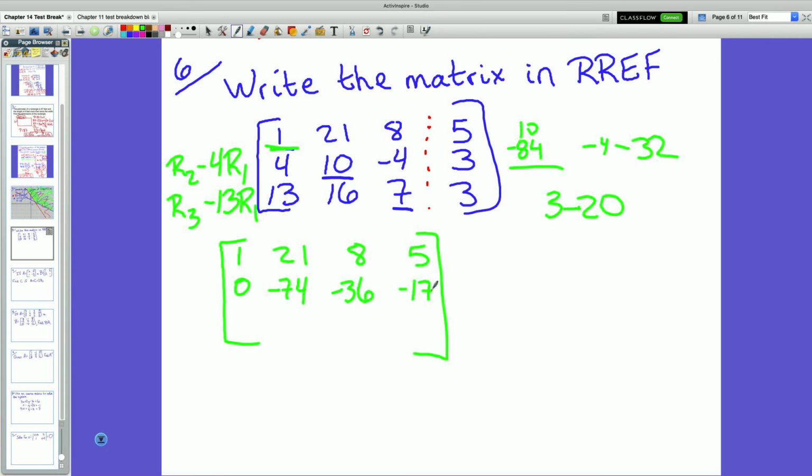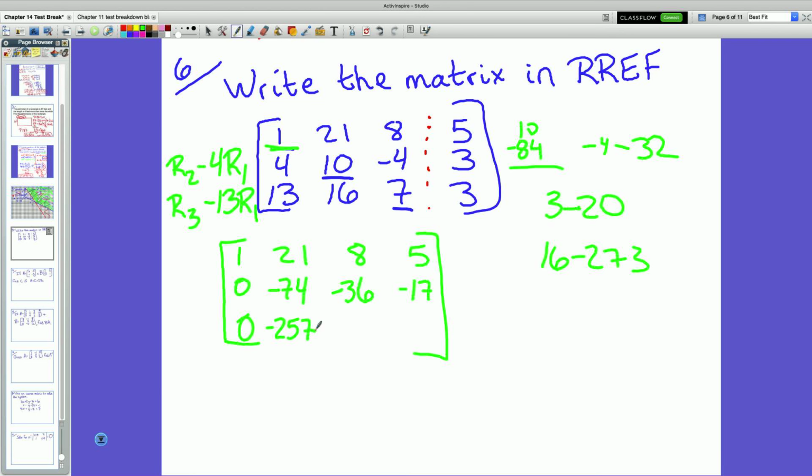All right, third row. 13 minus 13 is 0. That was the whole goal. 16 minus some ridiculous number. 13 times 21 is 273. So 16 minus 273 is negative 257.